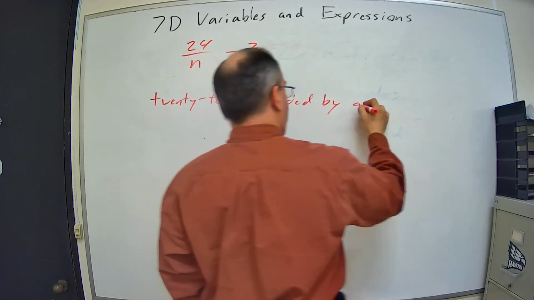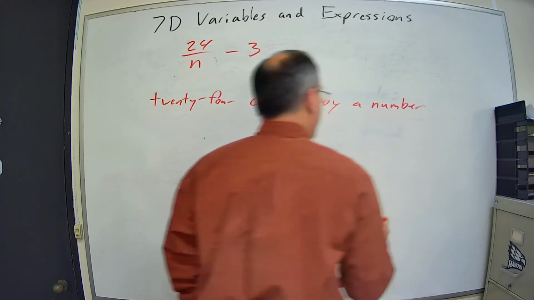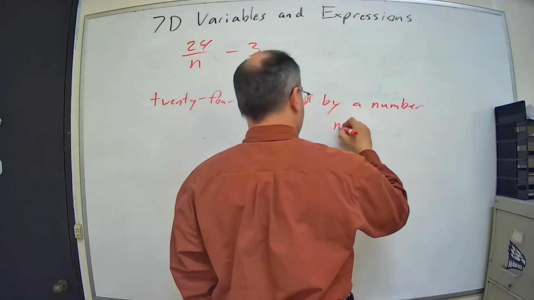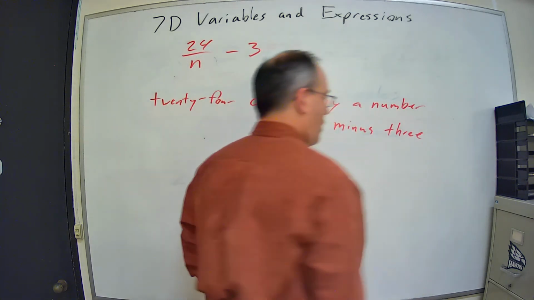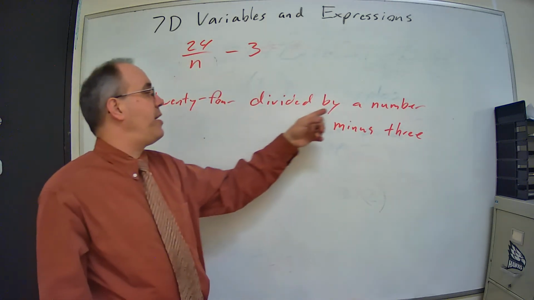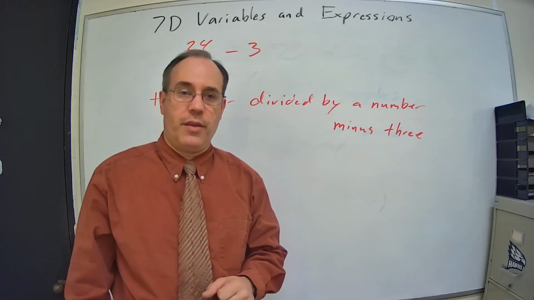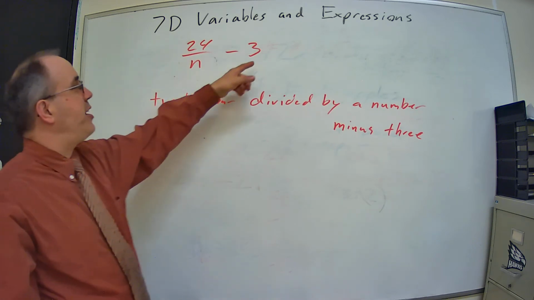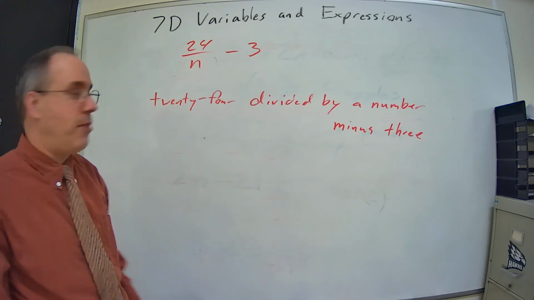Divided by a number minus 3. So there is a way we can represent that. 24 divided by a number minus 3. Maybe we want to word that a little differently. Maybe we want to say 3 less than the quotient of 24 and a number.